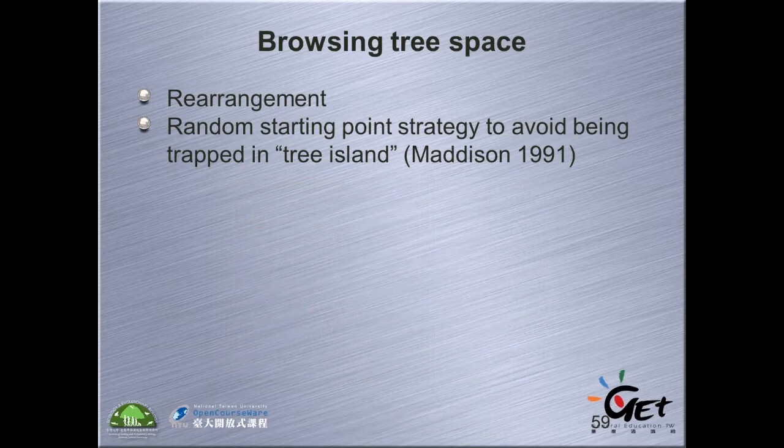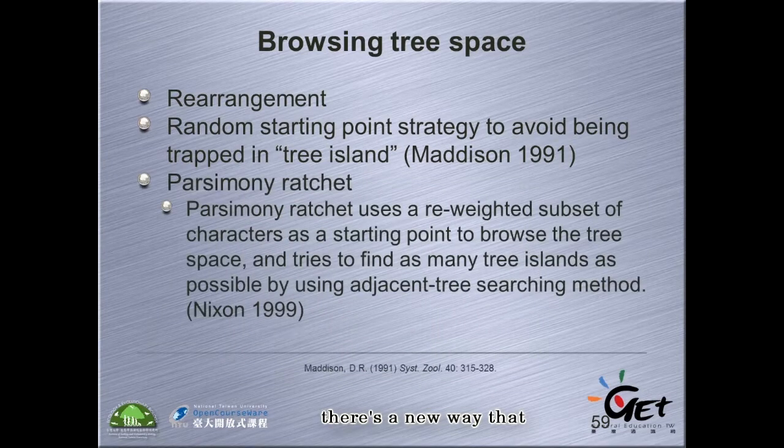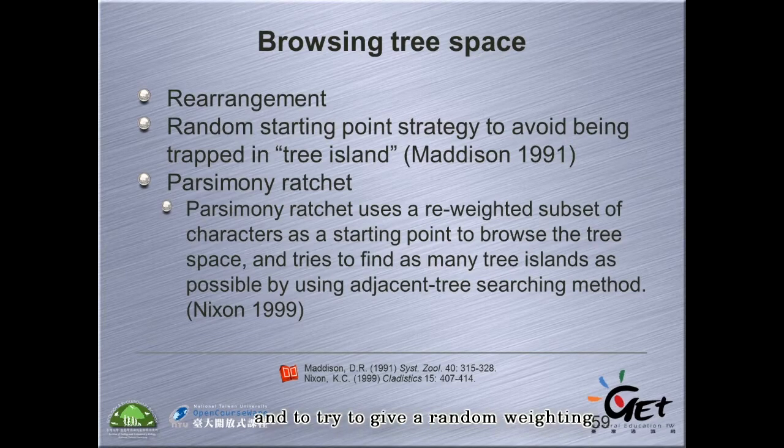And there's a new way that has been developed for finding the best tree using parsimony criteria. It's called parsimony ratchet. Basically, the idea is to reweight a subset of the characters, giving a random weighting for certain characters, and to search for the most parsimonious tree at the end.